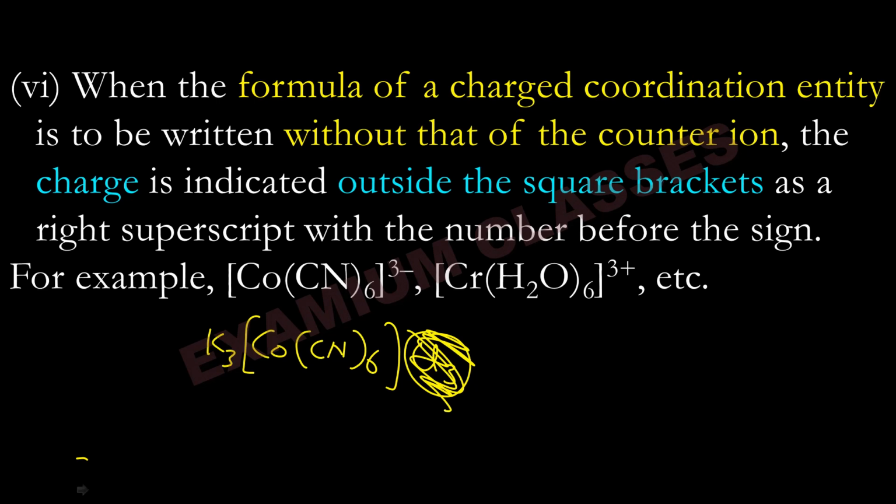Here it will be a 3 minus charge on the entity if I don't write the counter ion. It will actually be like K3 plus and [Co(CN)6] 3 minus to balance the charge. If I am not writing this, I have to indicate that there is something extra which I have not written. This 3 minus indicates that something extra is there which has not been written here.